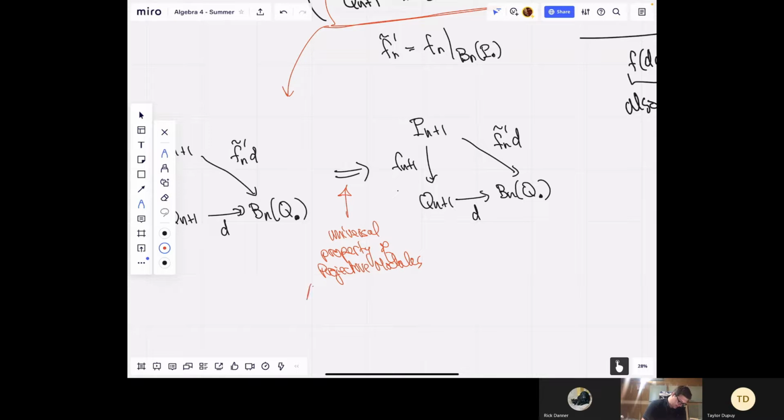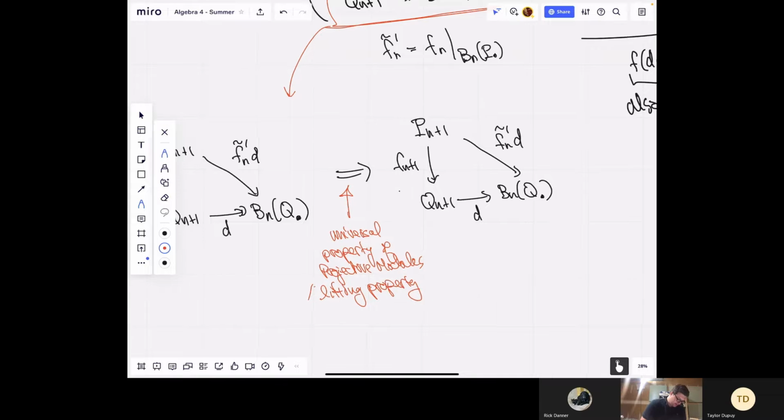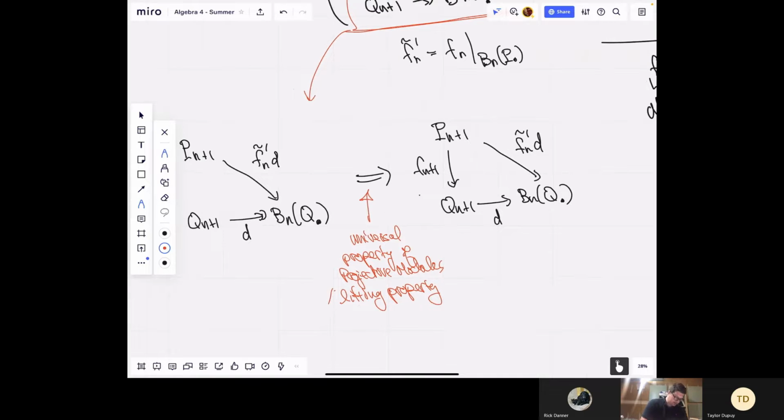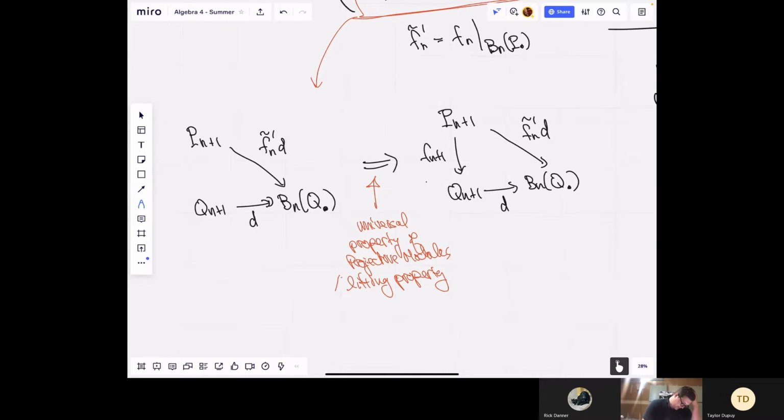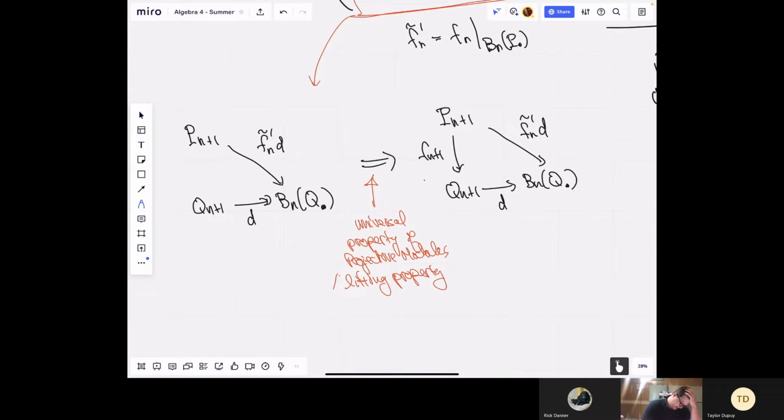So surjections lift to surjections. So this is a surjective map, so it can lift.